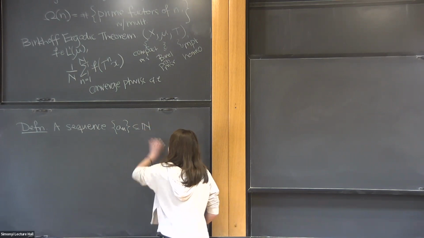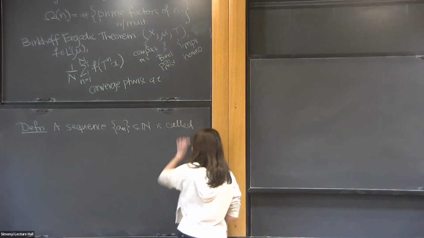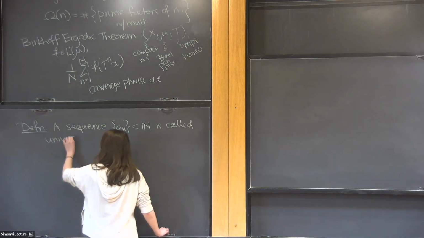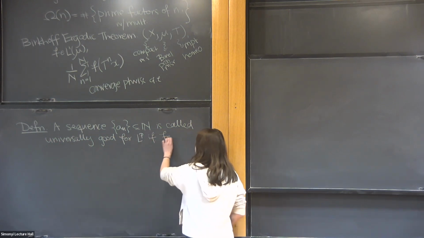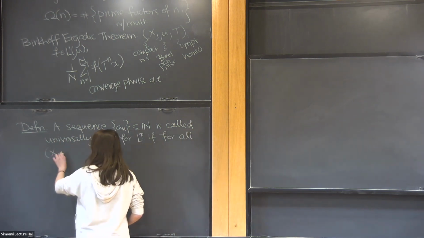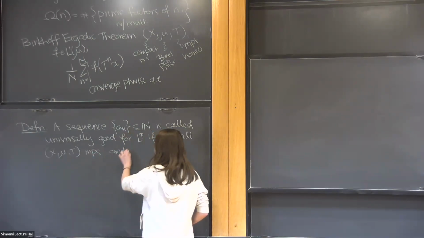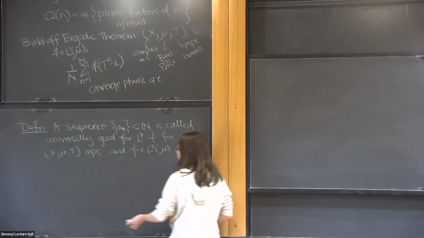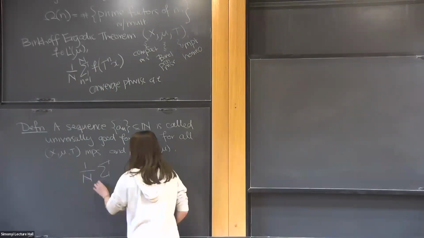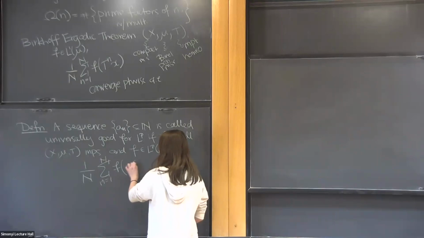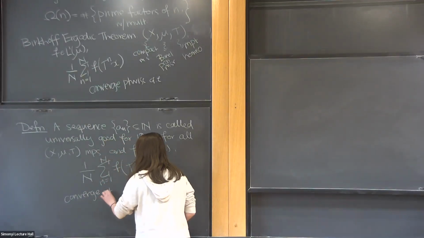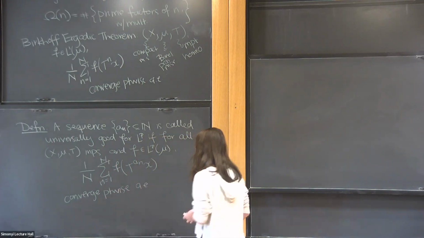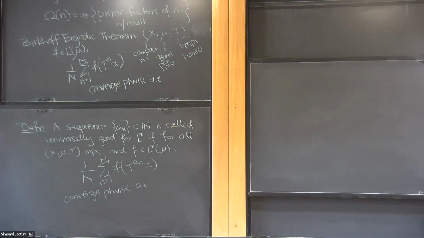The sequence a_n is called universally good for L^p if for all measure preserving systems and all L^p functions, when we take these non-standard ergodic averages along a_n, these averages converge pointwise almost everywhere.